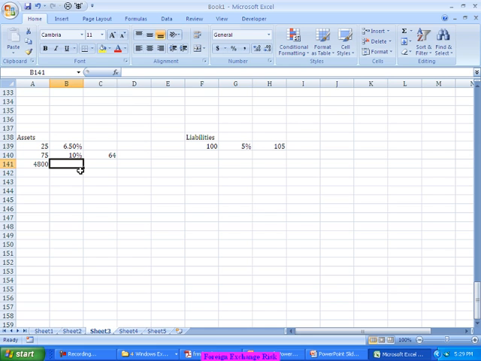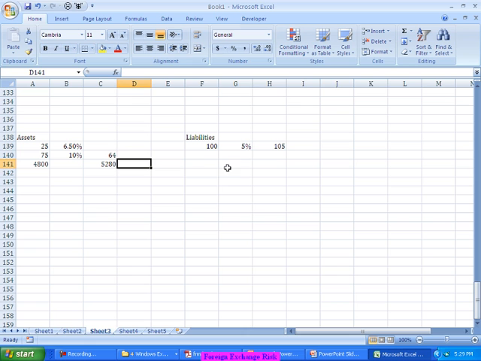So after 1 year, how much is it going to fetch, assuming no defaults and all that? After 1 year, it is going to fetch me something like this. 5,280 million is what it is going to fetch, right?